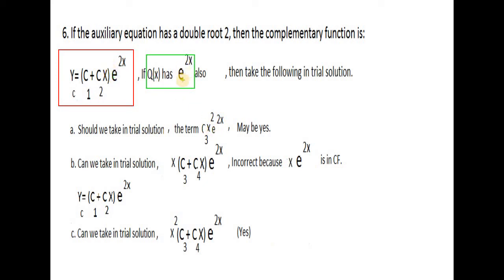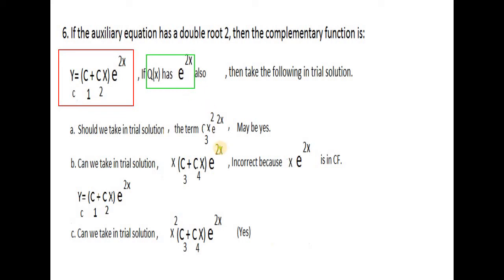So should we take in the trial solution this one? Here we have e power 2x in function q and in yc. To make it different, should we multiply this generalized form of e power 2x by what? Should we take e power 2x as it is, or multiply by x or x square or x cube?